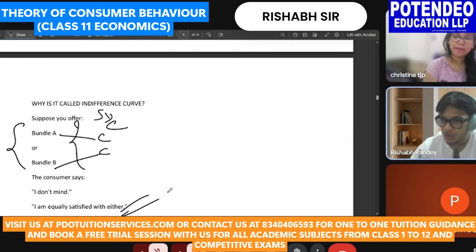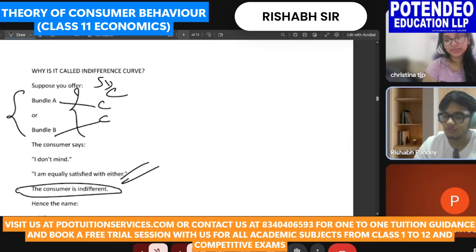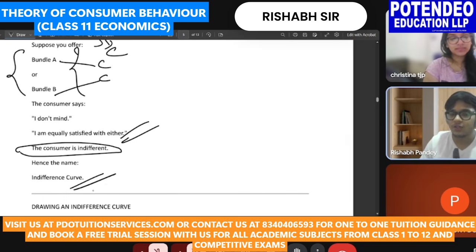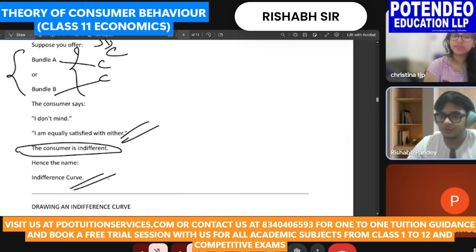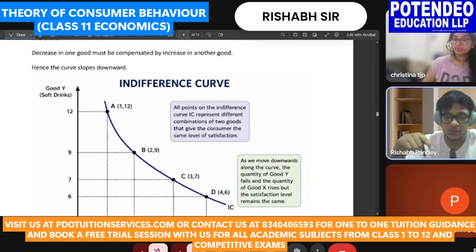Same commodity, same number of units, one tube of each. But what's changing is the company, the taste. So the consumer is indifferent. Christina doesn't care about this or that. Hence the name is indifference curve. Are we on the same page? Yes. Now, please pick up the pen and write how to make an indifference curve. I'm going to also show you where it is. Boom.